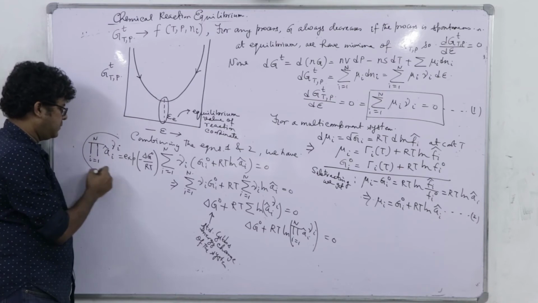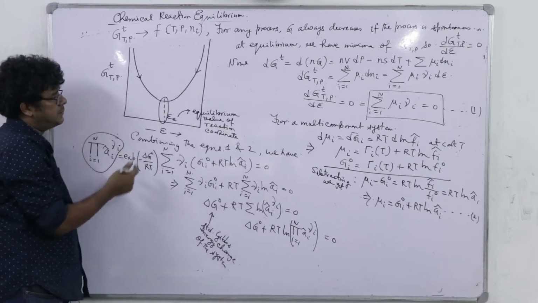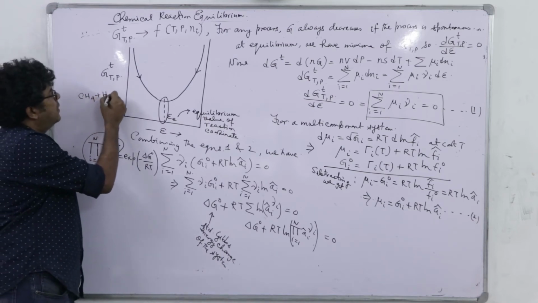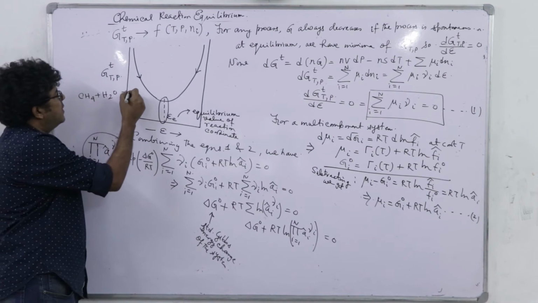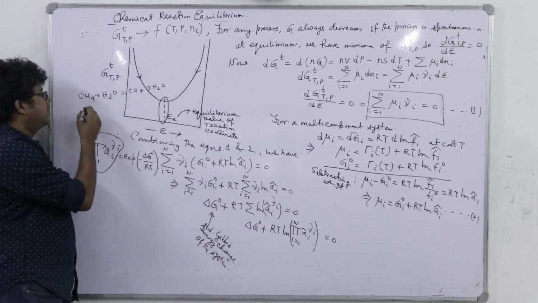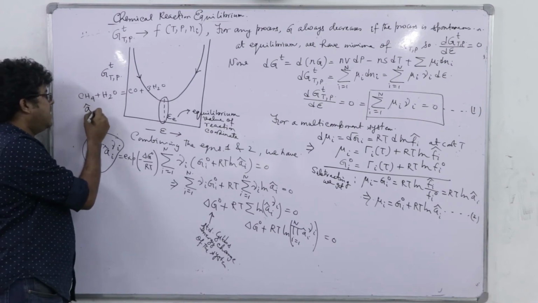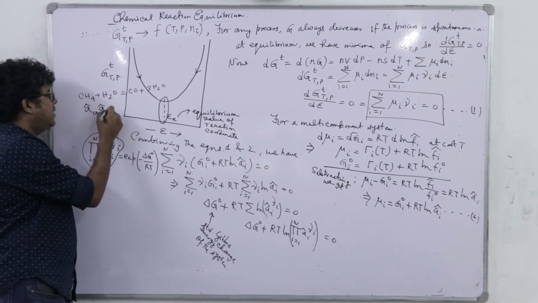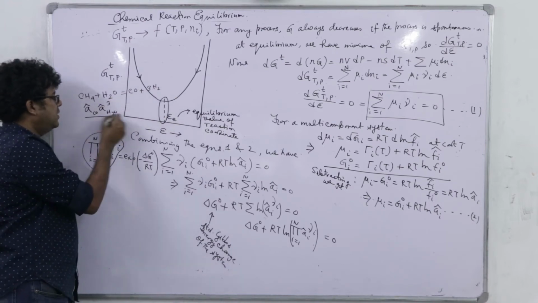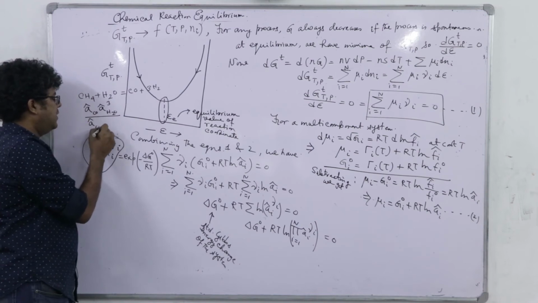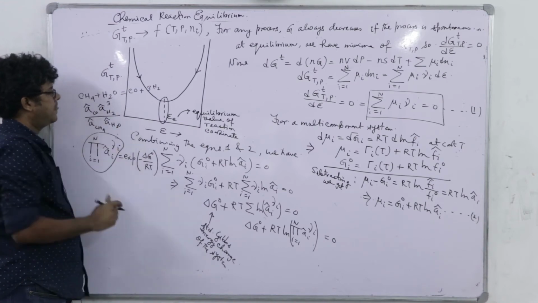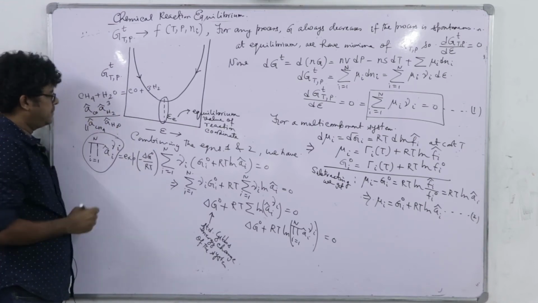Now what this parameter actually means, like for the previous reaction CH4 plus H2O giving CO plus 3H2, what will be this term? This will be aCO times aH2 to the power 3 divided by aCH4 times aH2O.